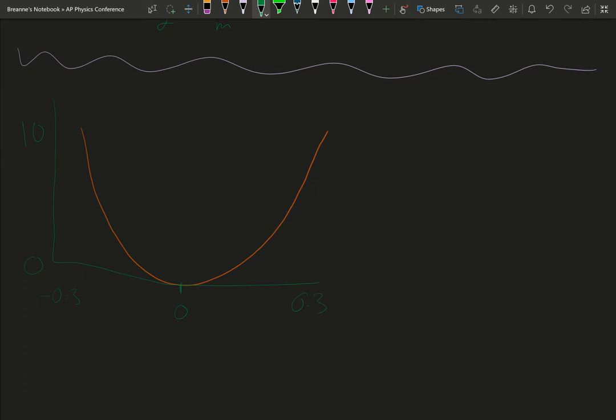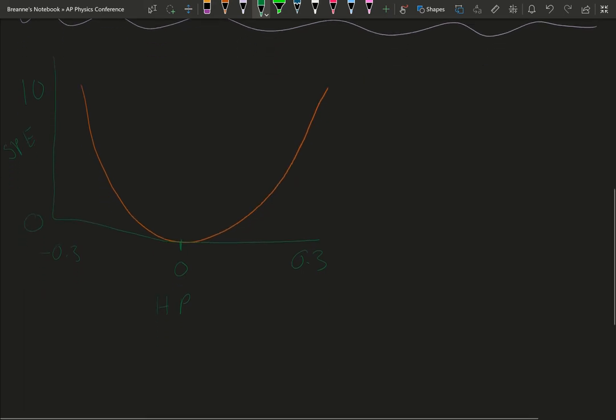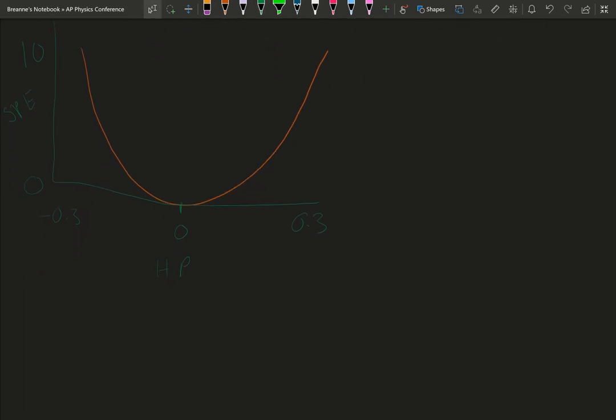This is spring potential energy, and right here is your horizontal position. So we're comparing our spring potential energy to our horizontal position. Remember, our spring potential energy is our 1/2 kx squared.